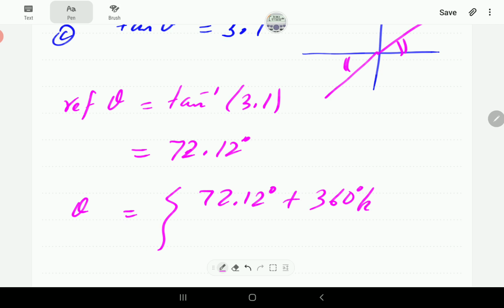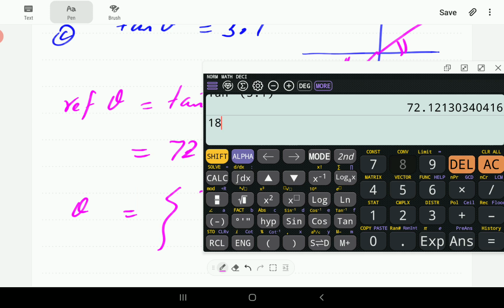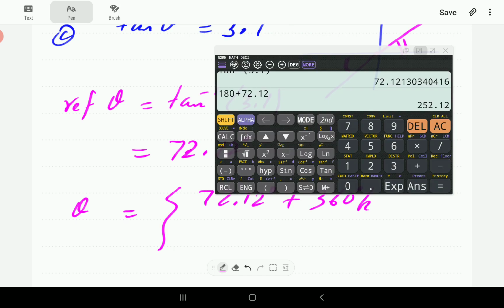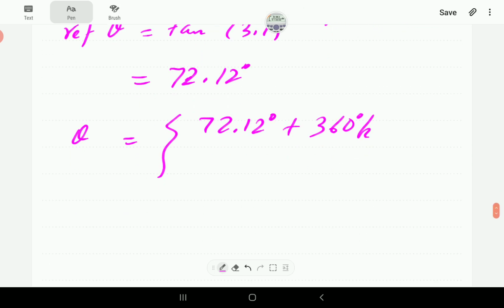And then the other one is going to be 180 plus 72.12, which is 252.12, plus 360k.